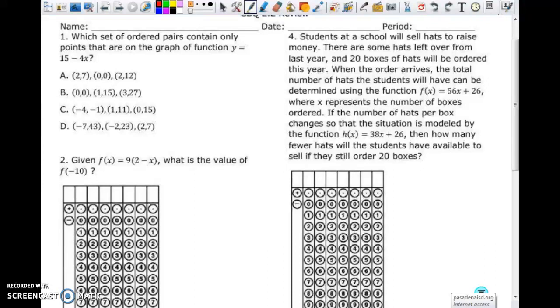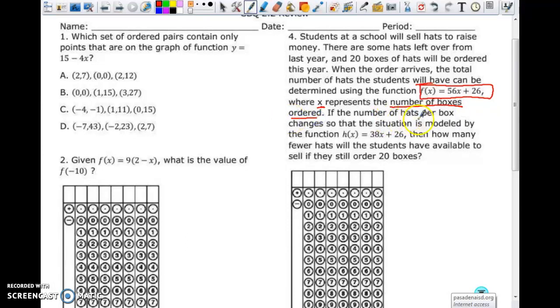So students at a school will sell hats to raise money. There are some hats left over from last year, and 20 boxes of the hats will be ordered this year. When the order arrives, the total number of hats the students will have can be determined using the function f of x equals 56x plus 26, where x represents the number of boxes ordered.